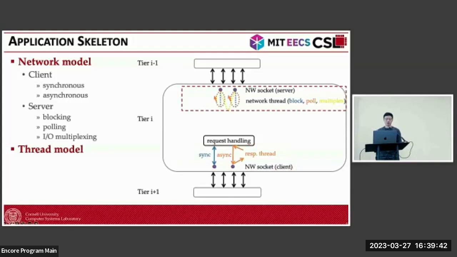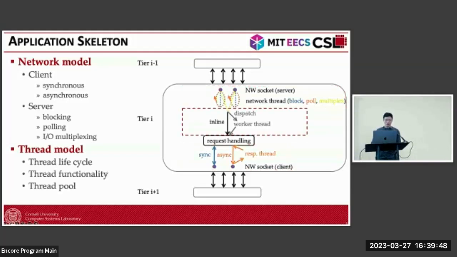Similarly, on the server side, there are three common options: blocking, non-blocking, and I/O multiplexing. And the thread model describes how tasks are scheduled and handled by different threads. In this example, it can be either the network thread doing the inline request handling, or dispatching the handling to a dedicated worker thread.